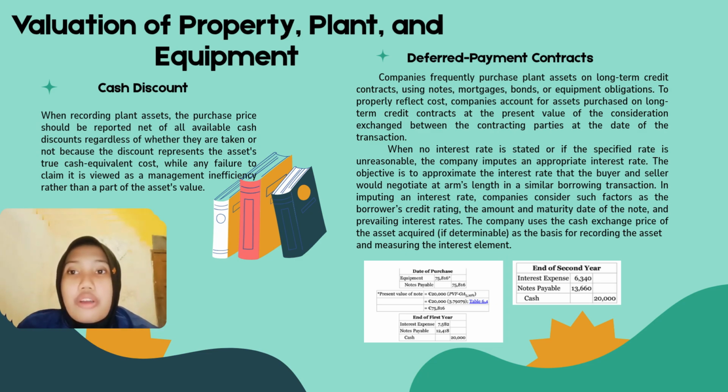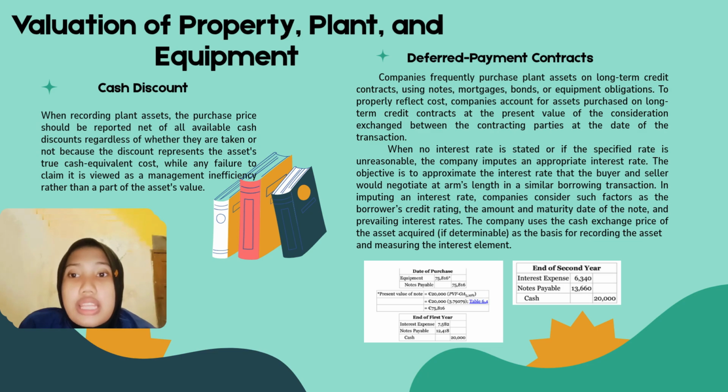Entries for the date of purchase and date of payment, plus the computation of the present value of the note, are already shown in the PPT. So the date of purchase, and then the equipment is $75,000, because of the interest expense in the first year under the effective interest approach.